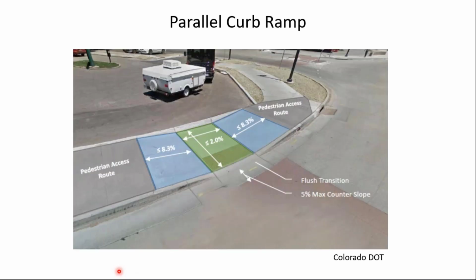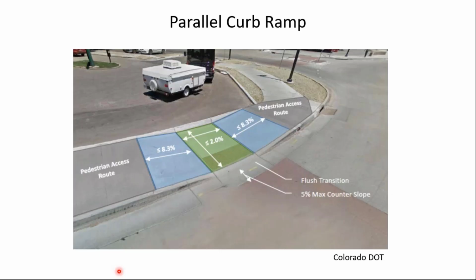We have a few others, also from Carl. Is there a limit to the running length of the ramp? Well, PROWAG says that when you're chasing grade, which may occur oftentimes in hilly terrain, you don't need to go more than 15 feet. I guess you could have it longer, but PROWAG doesn't require that you go more than 15 feet.